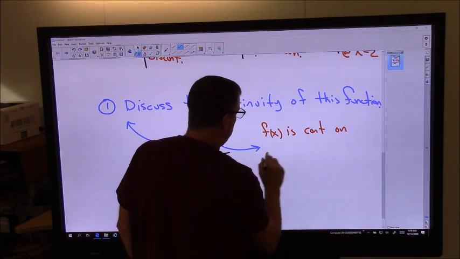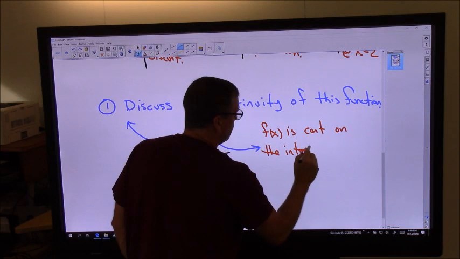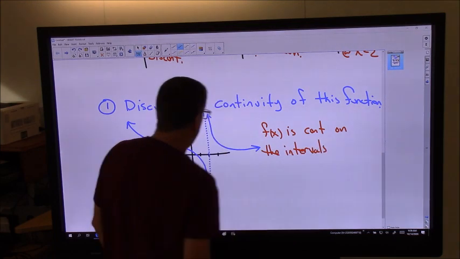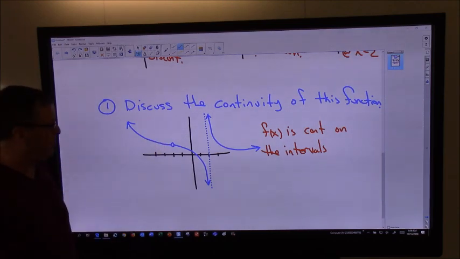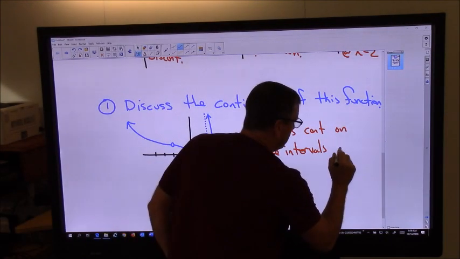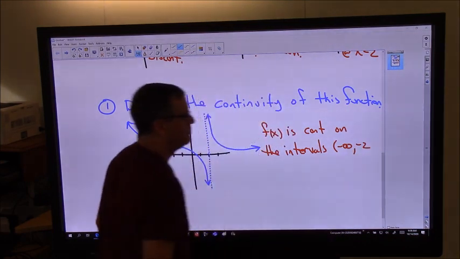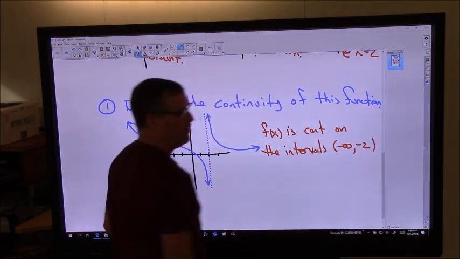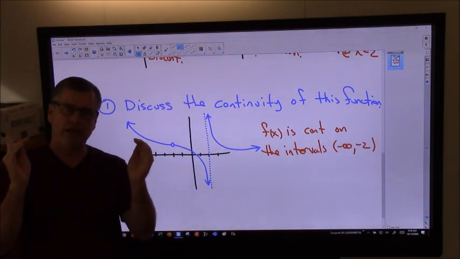continuous on the intervals -infinity all the way up to -2. And remember, we'd write that last year like this. Interval notation. So a parenthesis means don't include that value.